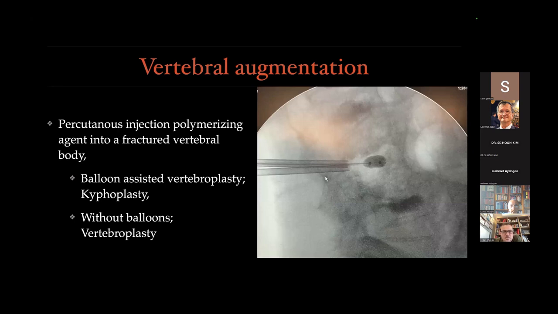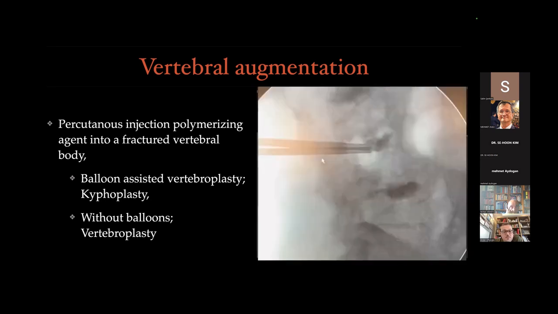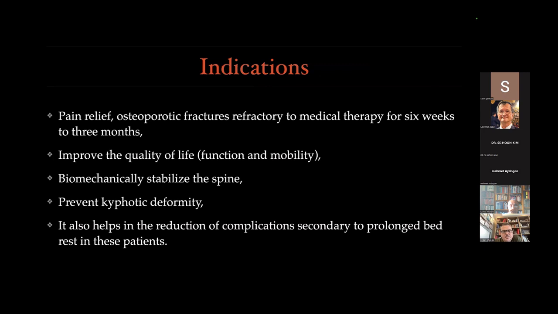Vertebral augmentation is the percutaneous injection of a polymerizing agent into the fractured vertebral body. If we use a balloon, we call it kyphoplasty. If we don't use the balloon, it's vertebroplasty. What's the indication?